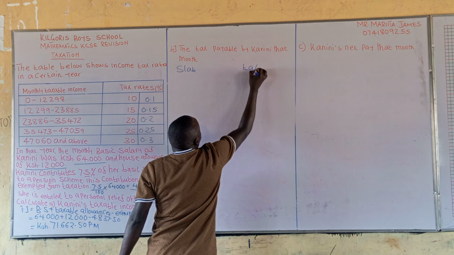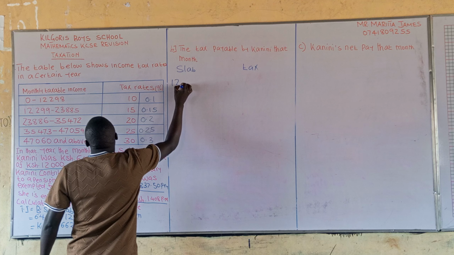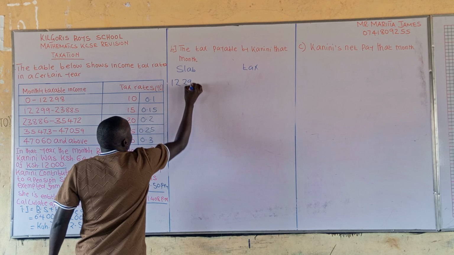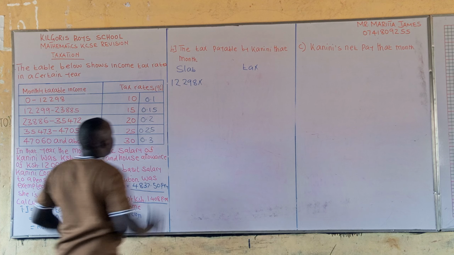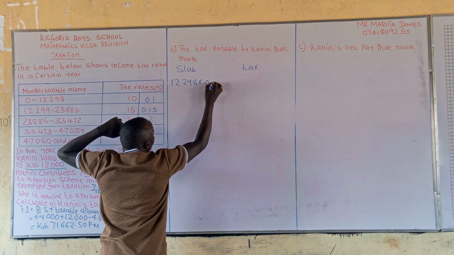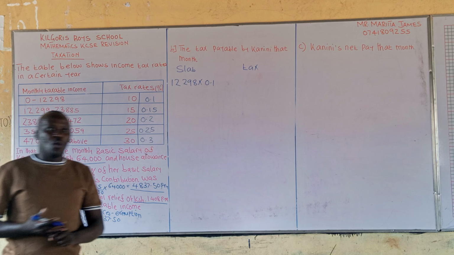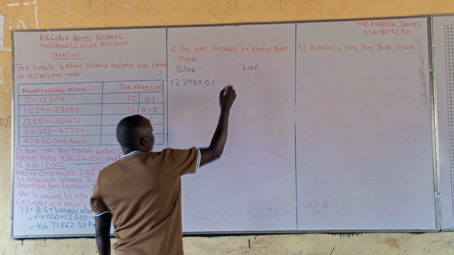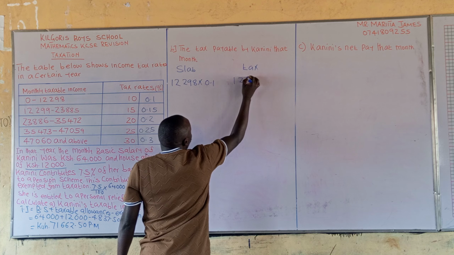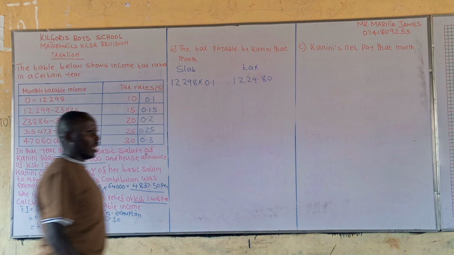What is the tax being paid there? In the first slab we have 12,298 times the rate, which is 10%, that is 0.1. That will give us an amount equivalent to 1,229 and 80 cents. That is the tax paid on that slab.